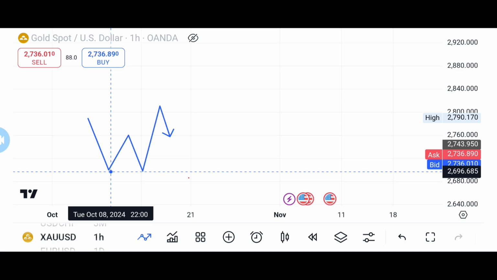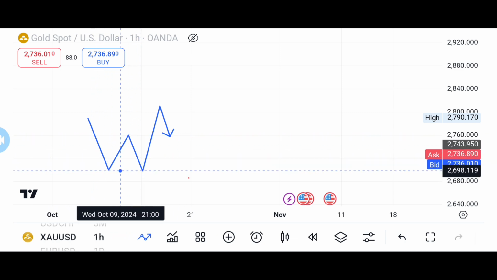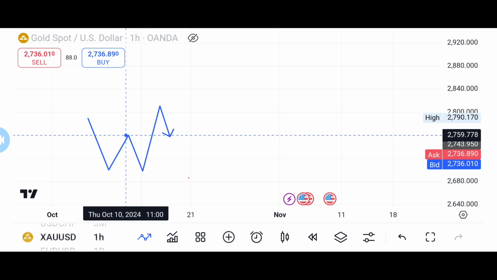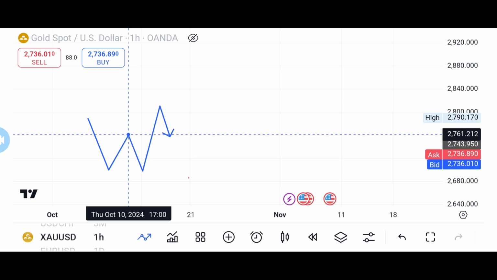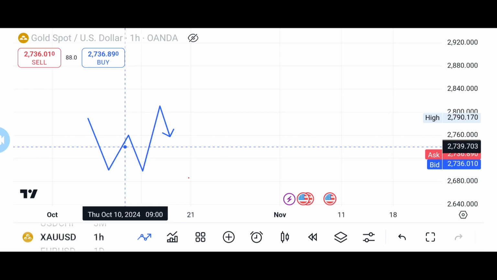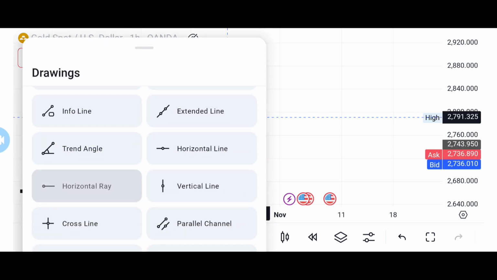You see the distance between the neck and the two legs. Okay, once the price has broken the neck, this is for free, guys. Once the price has broken the neck, the price will go up by the distance between the neck and the two legs. Are we together? So let us draw that neck with a blue line. I'll be showing you guys.